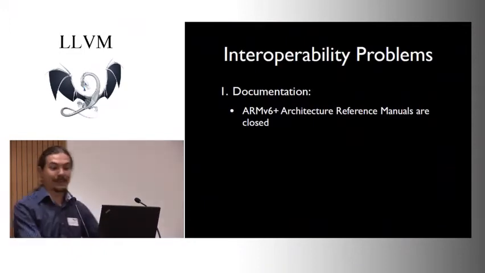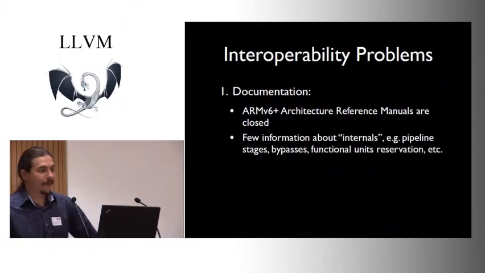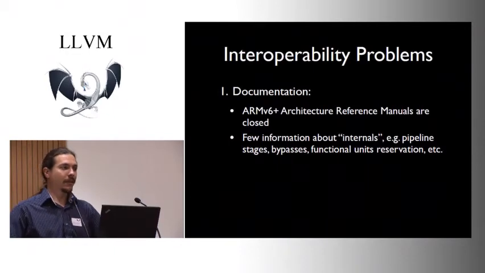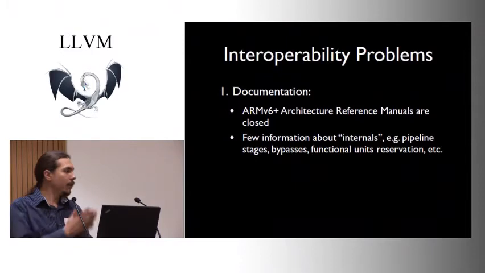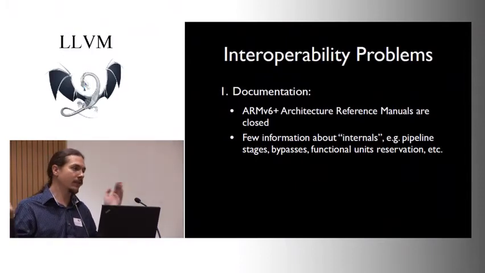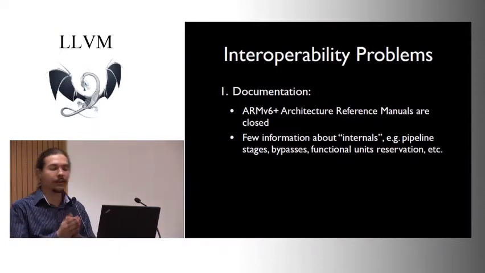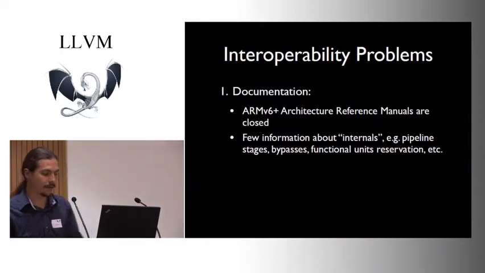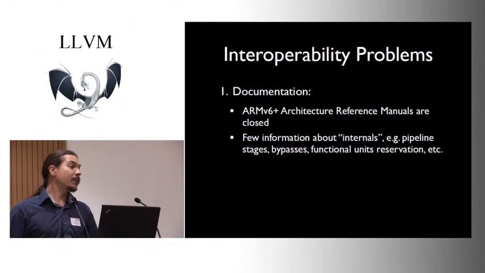Well, it's rather funny. Also, there is only a little information about the internals of the cores, all the stuff which is important for the compiler writer: pipeline stages, description of the function units, reservations, conflicts, all stuff like that. Information about new cores is usually closed.